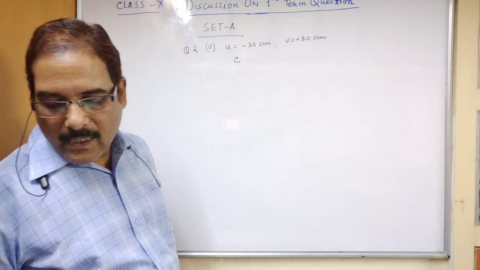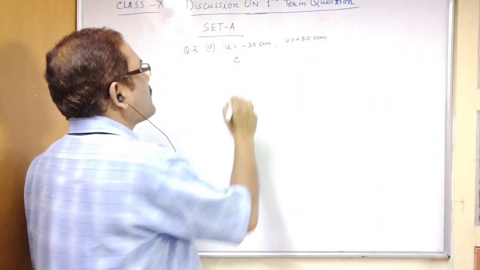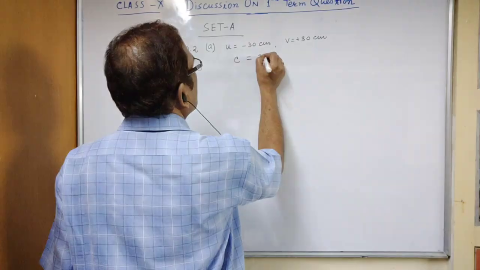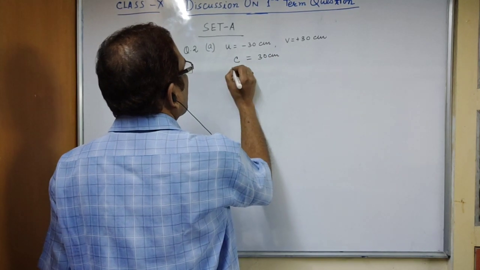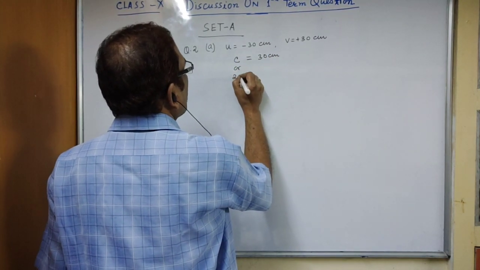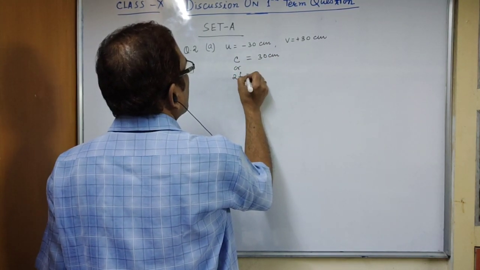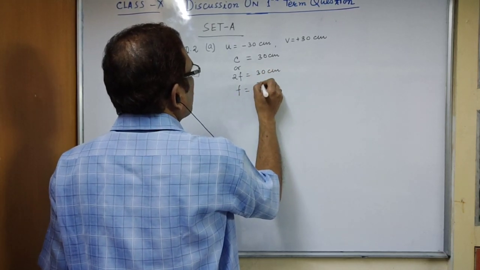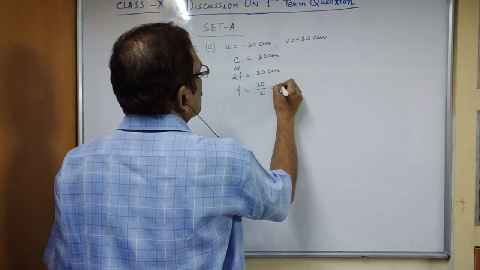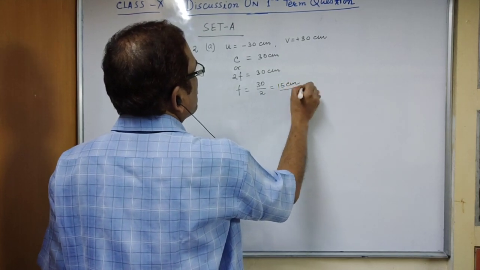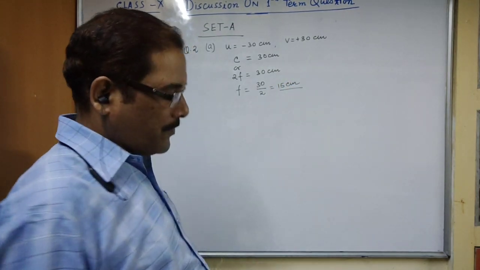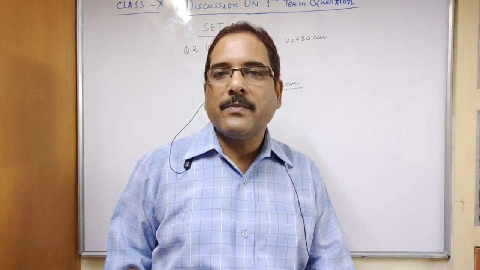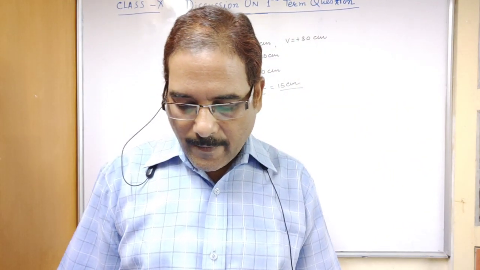Center of curvature is 30 centimeter. So center of curvature, or we can write 2f, is 30 centimeter. Therefore focal length will be 30 by 2, so it will be 15 centimeter. So the first answer is 15 centimeter, 1 mark for it.